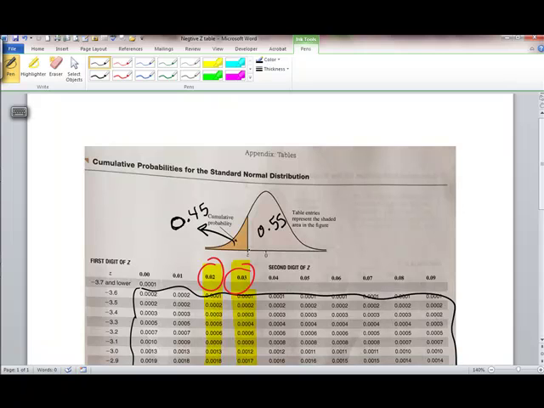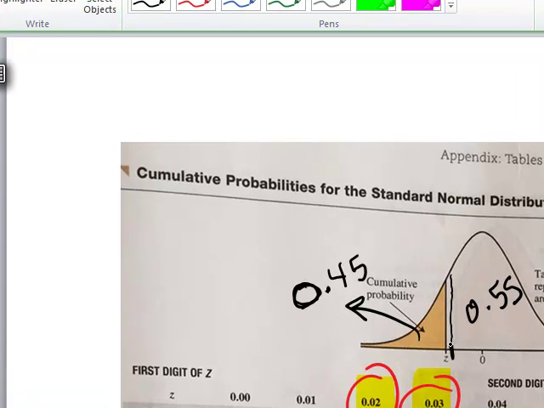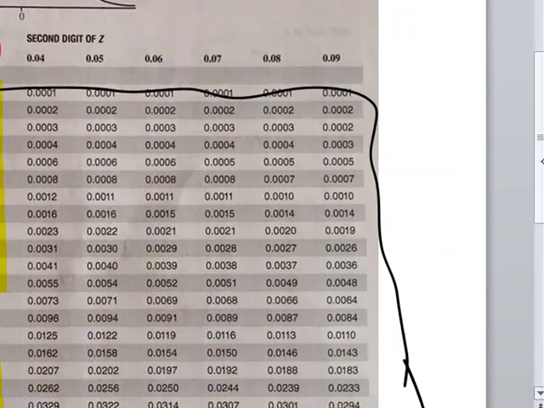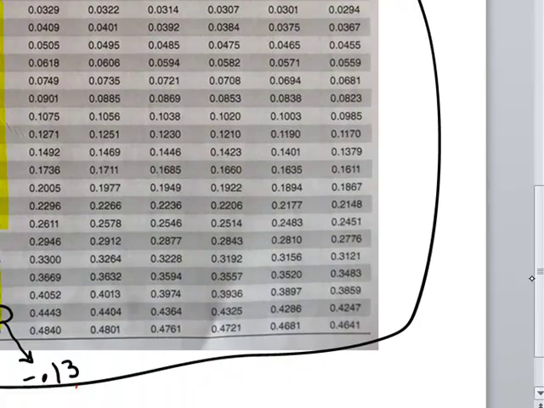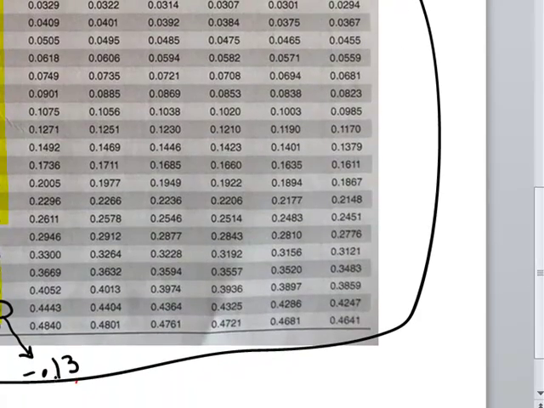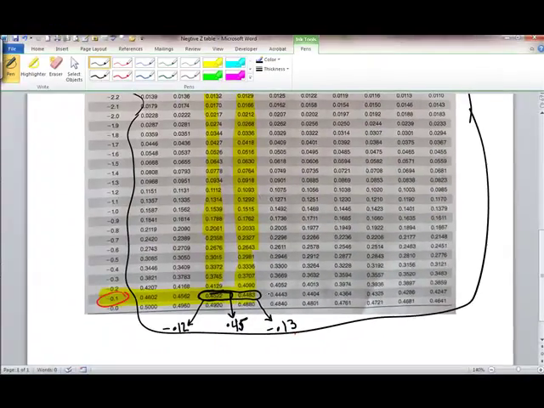Instead of 0.45, it's slightly bigger, and it puts me over here at 0.4522. So that cuts into my 55%. So I'd better go with the more negative number, the negative 0.13, which gives me a probability of 0.4483.